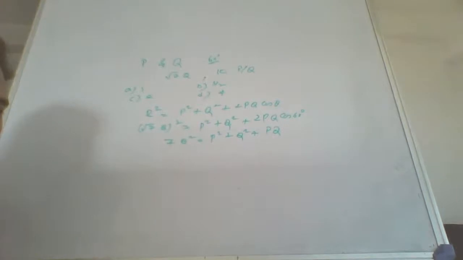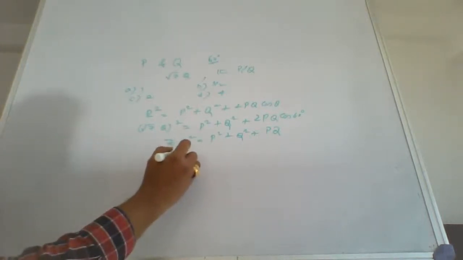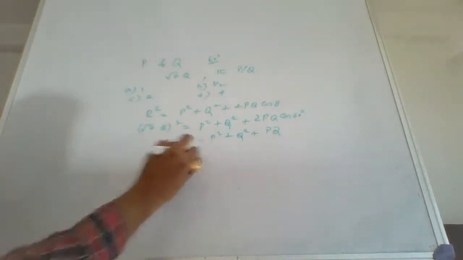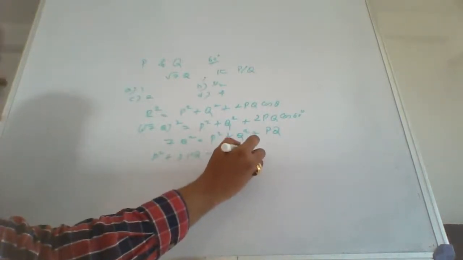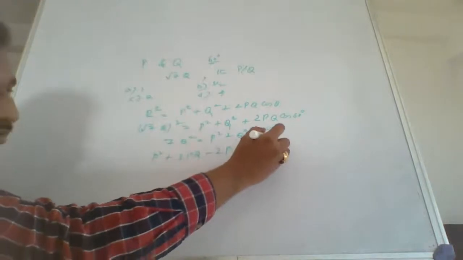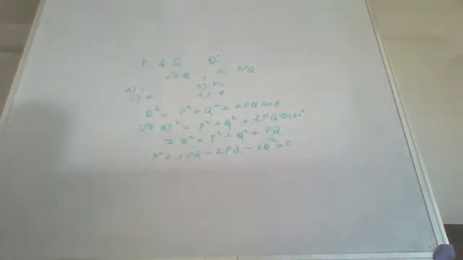Now if you bring it to the other side, you get an equation to solve. So the solution would be P square plus 3PQ minus 2PQ minus 6Q square equal to 0.